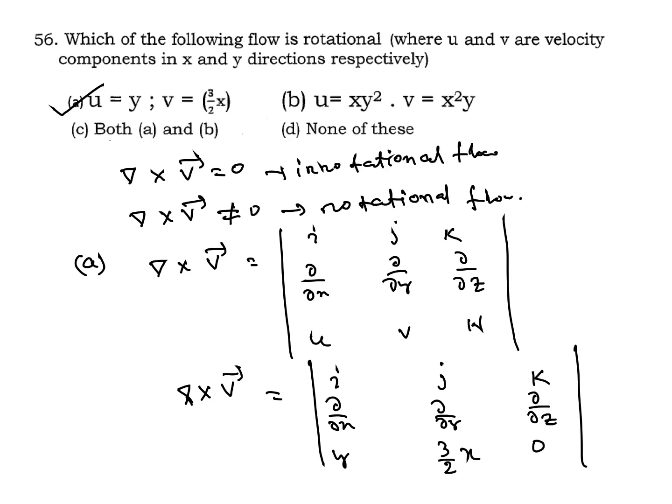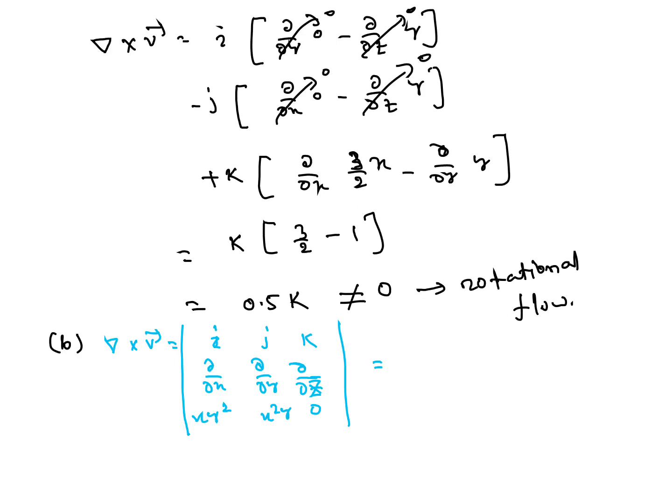So i into 0 minus 0, minus j into 0 minus 0, plus k into del by del x of x square y, which is 2xy, minus del by del y of x y square, which is 2xy, so 0.